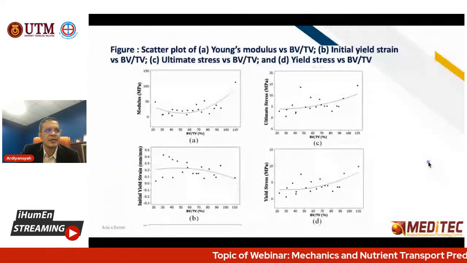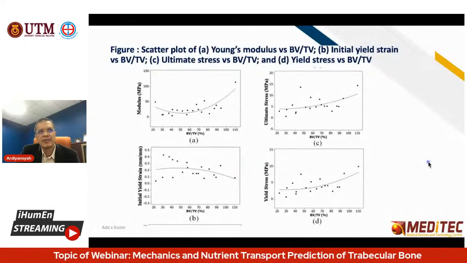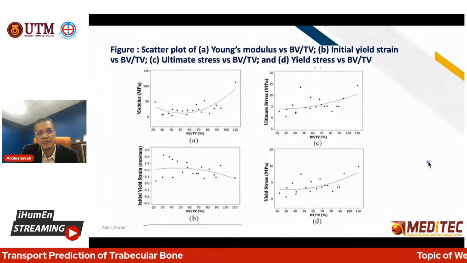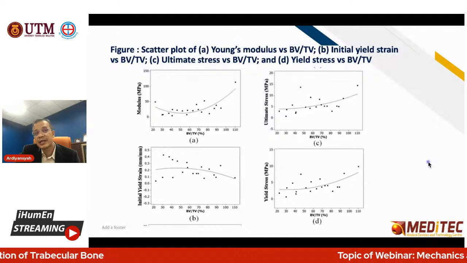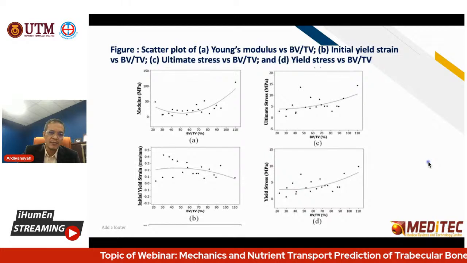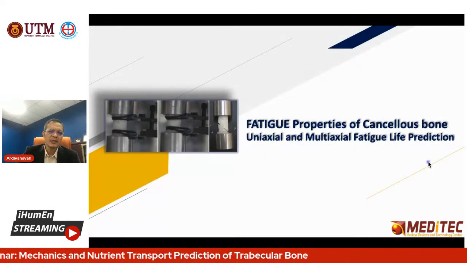Here we can see the modulus correlation with the volume fraction, ultimate strength with the volume fraction, initial yield strain with the volume fraction, and the yield stress with the volume fraction. But before this, we check which microarchitecture parameter affects the properties of the cancellous bone.